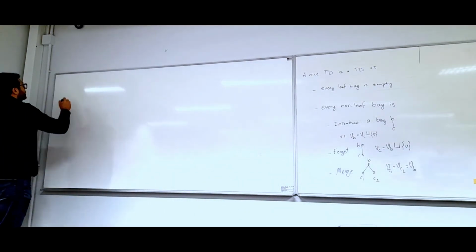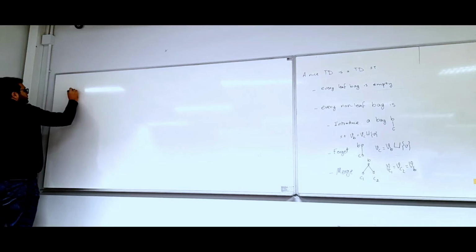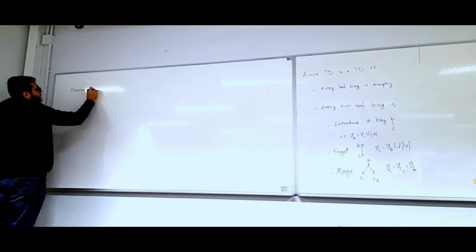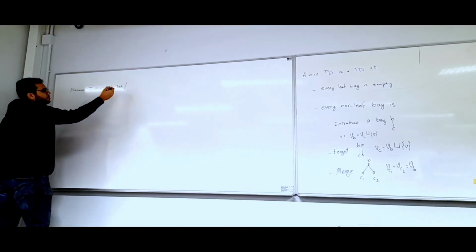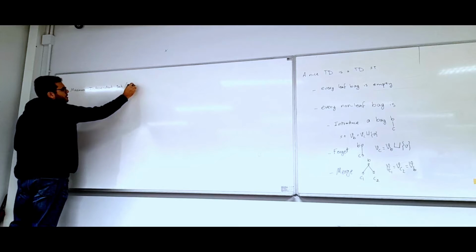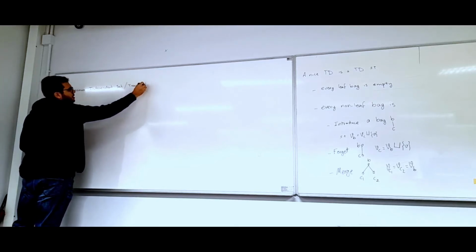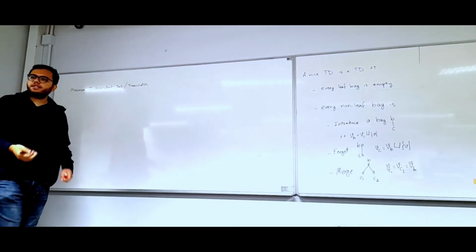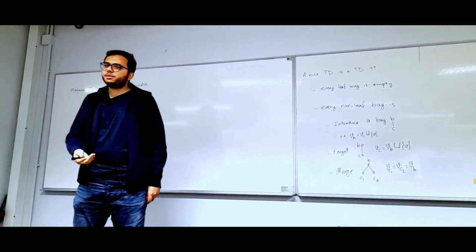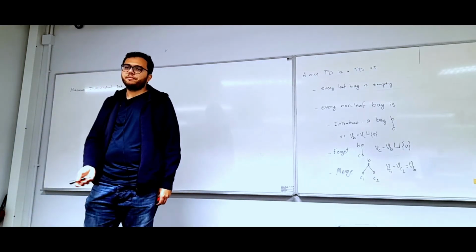So this is our problem, maximum independent set, and we want it to be parameterized by treewidth. So I've given you a graph, and I'm guaranteeing that this graph has small treewidth, at most k.